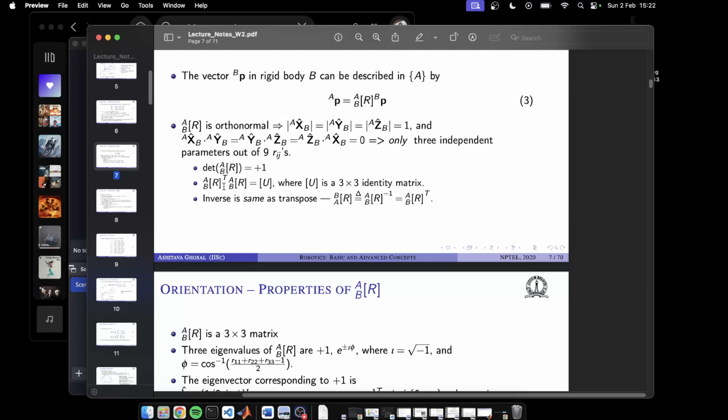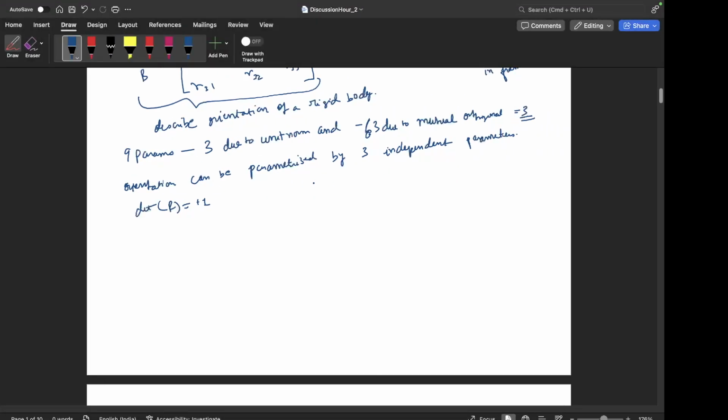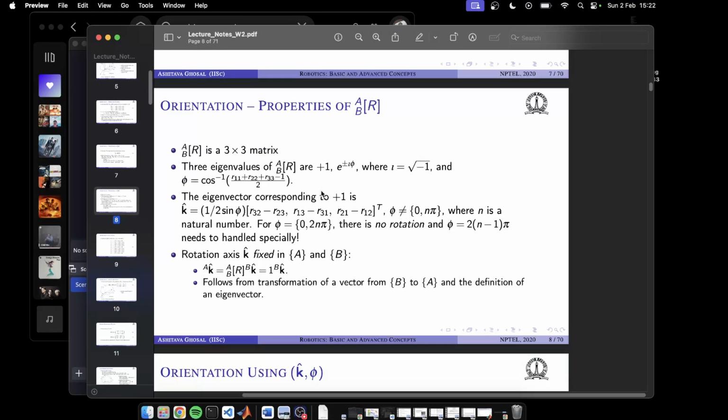And the other thing is that the transpose of the rotation matrix is also its inverse. That is true for any orthonormal matrix. So R transpose is equal to R inverse. Okay, so R transpose equal to R inverse, right?